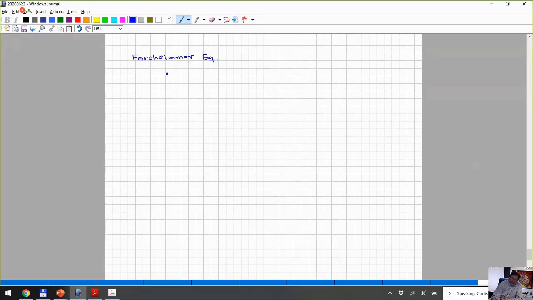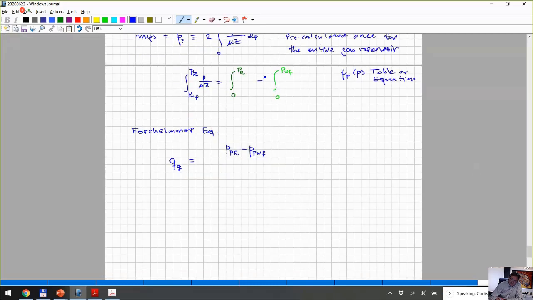There's a couple ways to write it, but the easiest way is Q_G is equal to P pseudopressure R minus P pseudopressure WF. P pseudopressure R is just pseudopressure evaluated at P_R, and P pseudopressure WF is just pseudopressure evaluated at P_WF. I know there's a lot of nomenclature here.